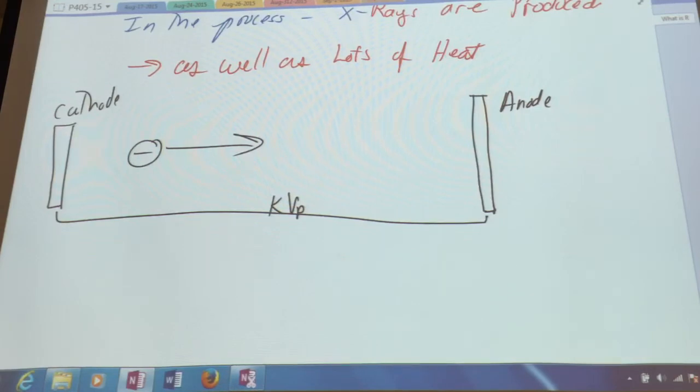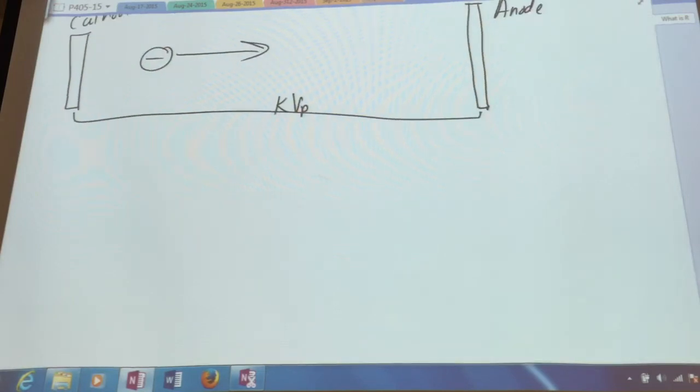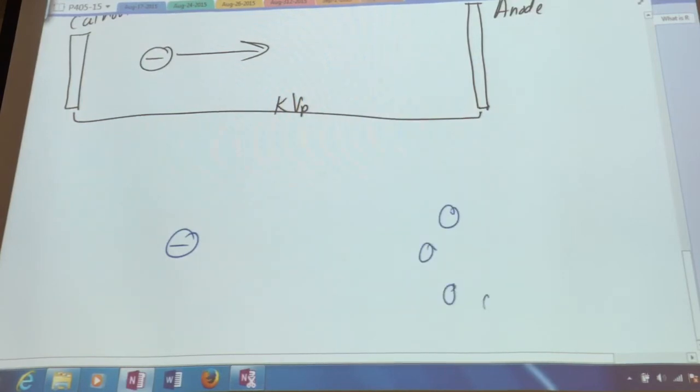Tungsten. It's a chunk of metal. And what is tungsten? Basic theory of matter. Solid. A solid. A bunch of atoms, yes. So our electron is actually headed for a bunch of tungsten atoms.